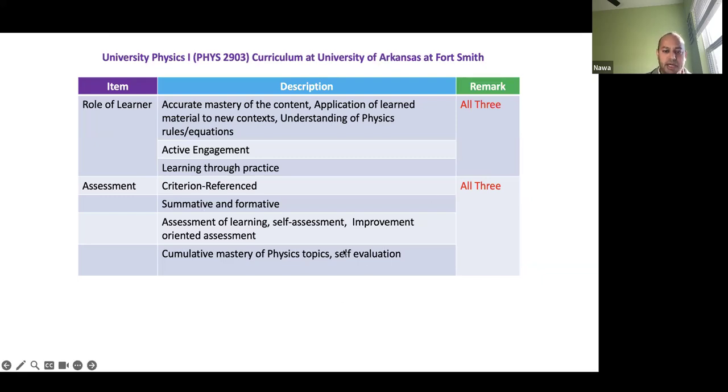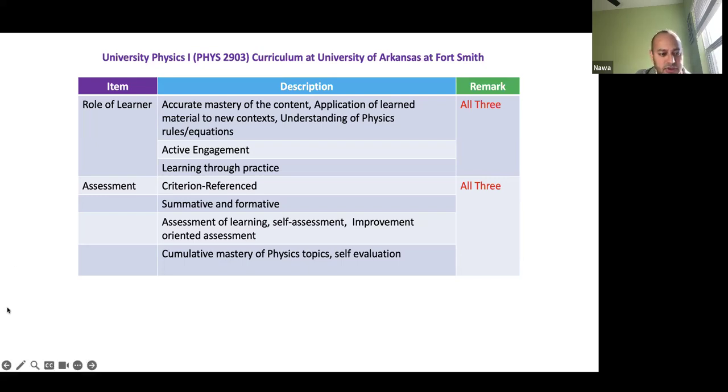And maybe 70 to 80% will come from how they solve the problems in the homework and in the tests. So I think that's the backward design, where I use criterion reference. So in terms of the assessment, I have components of all three designs.